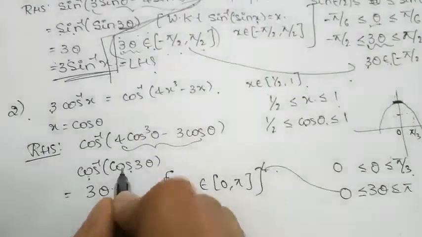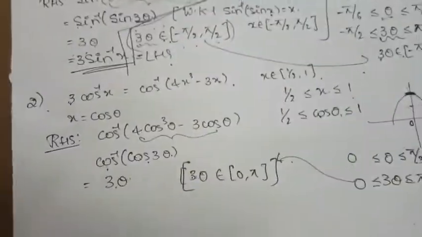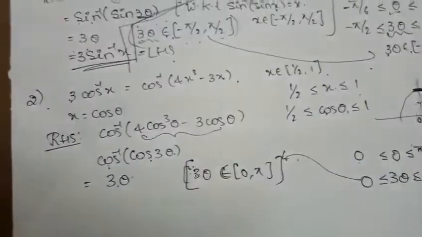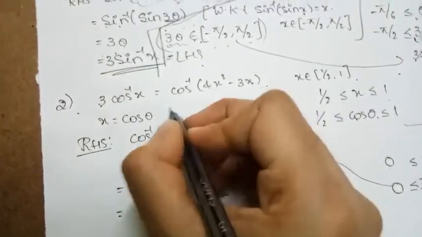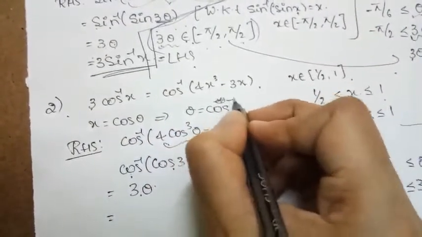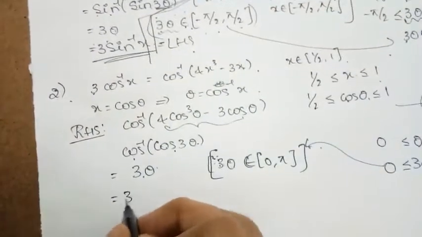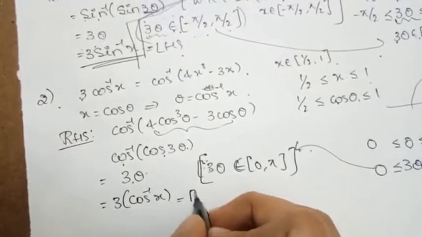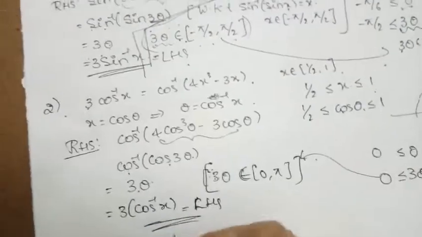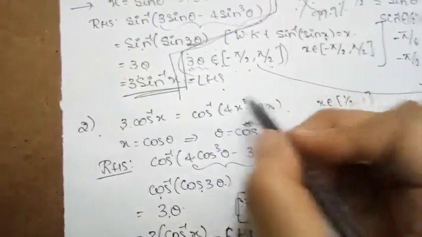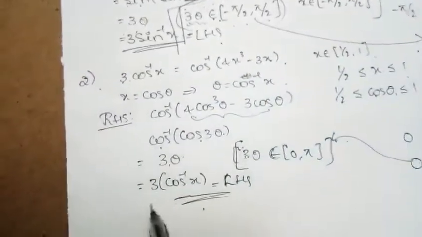So we can write cos inverse of cos 3 theta is equal to 3 theta, since 3 theta belongs within this range. What is our theta? Theta is cos inverse of x. So I am replacing theta with cos inverse of x, which is our LHS. So we have proved 3 cos inverse of x is equal to cos inverse of 4x cube minus 3x.